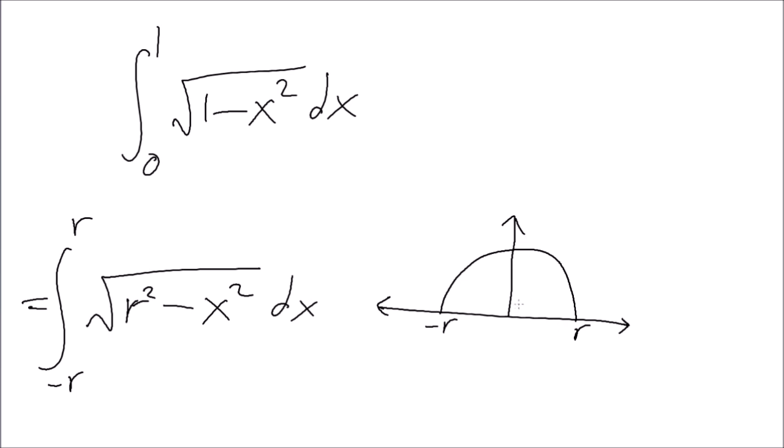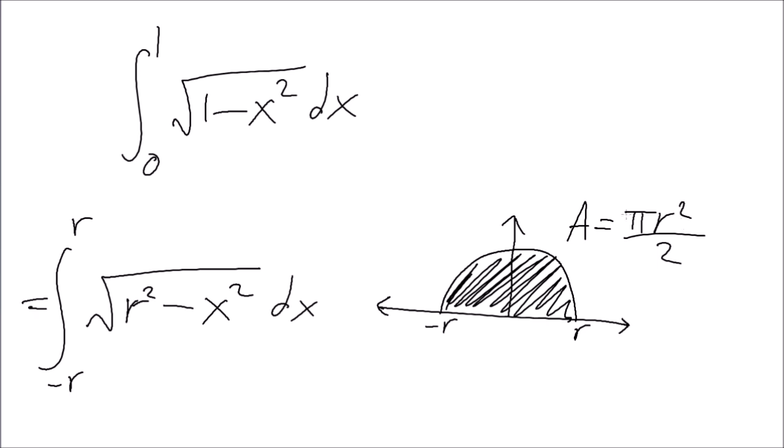So here, because this is negative r to r, this is the area of a semicircle. So the area is half of pi r squared, right? Integration is about area. So technically, this whole integral is half pi r squared, right?